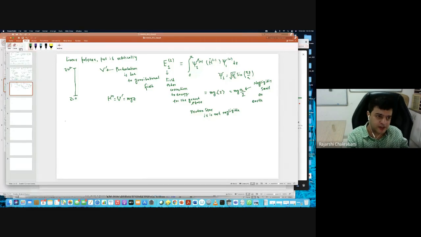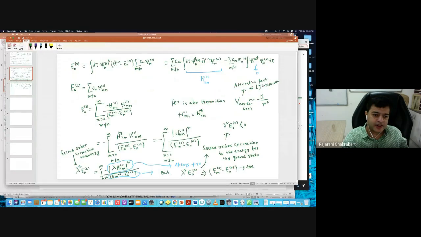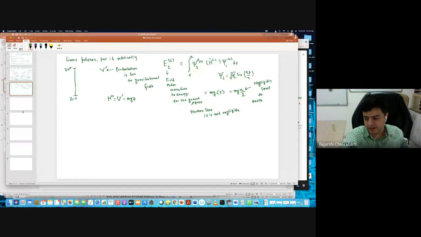But one thing you must have realized is that the second order correction goes as lambda squared, and lambda is tiny. So as I move on, higher order corrections are smaller, depending on the system. There are cases we'll do later.